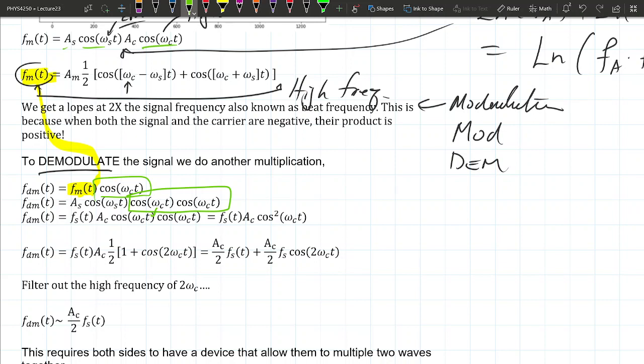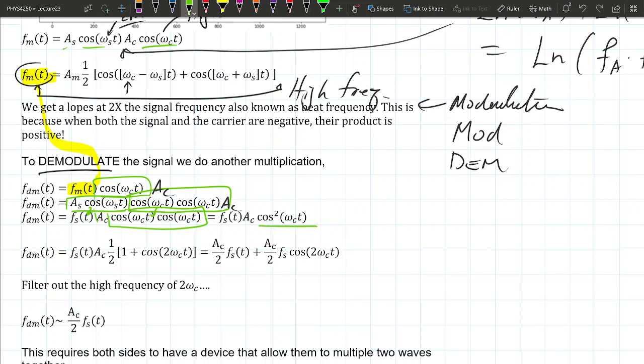So what happened is that here you have your original signal. There's actually an AC here that's missing, sorry, the amplitude of the carrier. What happened is that you have this cosine multiplied by itself. When you multiply a function by itself, that's just the square of it.